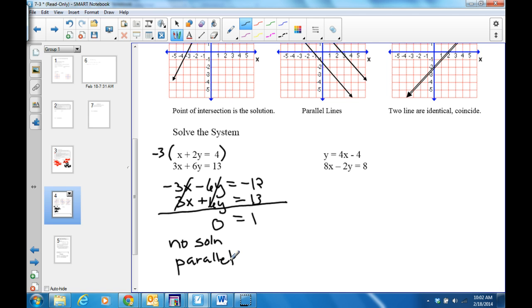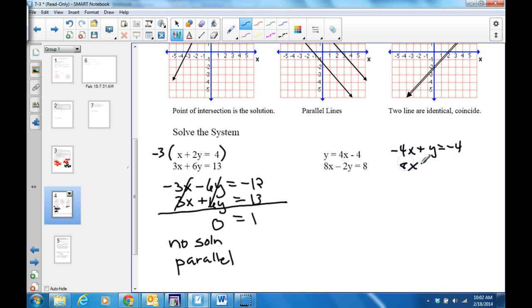On the second one, what am I going to do first? What's wrong with this one? Not in, right, it's not in standard form. So we need, first of all, write it that way. So it'll be 4x, -4x, if I subtract 4x from both sides, plus y equals -4.